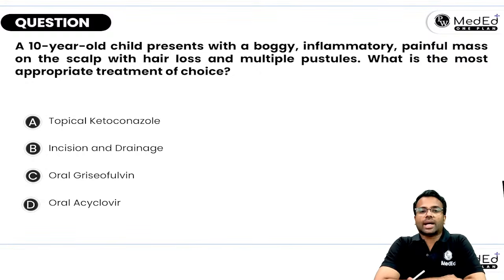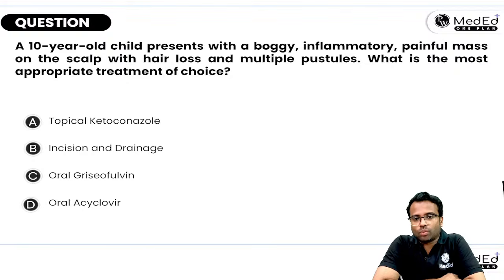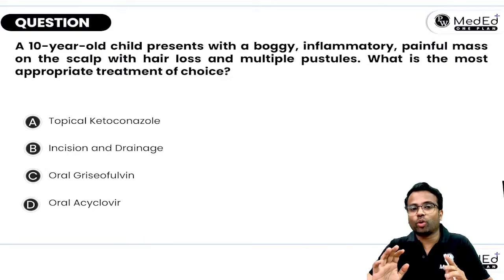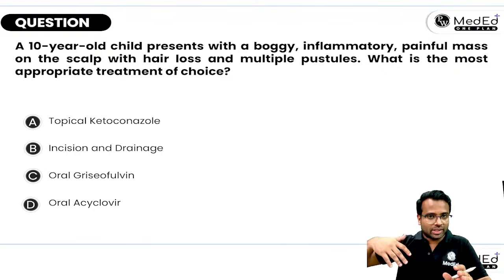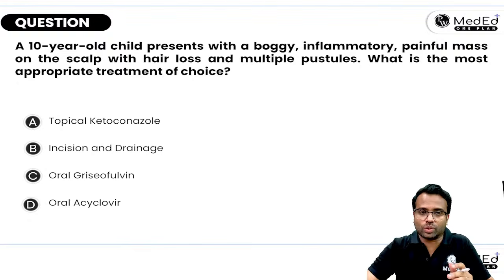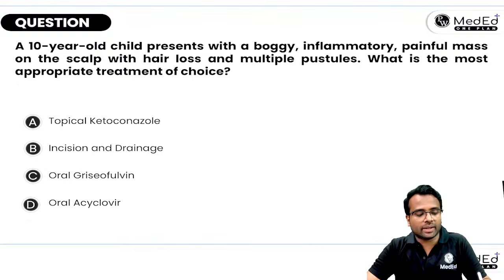A 10-year-old child presents with a boggy, inflammatory, painful mass on the scalp with hair loss and multiple pustules. What is the most appropriate treatment of choice? Now I'm not going to give you the answer here because this is something we have discussed in the previous MCQs. Just try to apply the logic here.